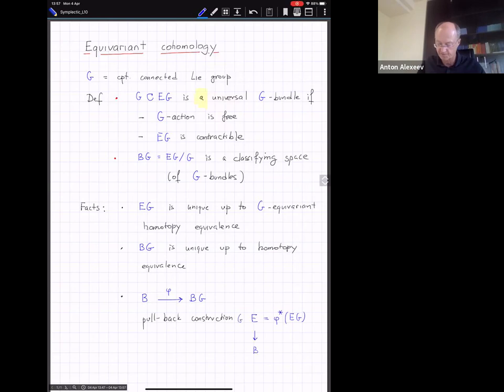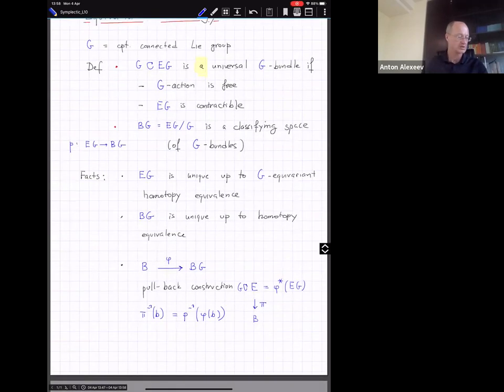This is a G bundle over B, and if we denote by pi this projection, and by P the projection from EG to BG, then the fiber over a point of B is by definition equal to the fiber over the image of that point.